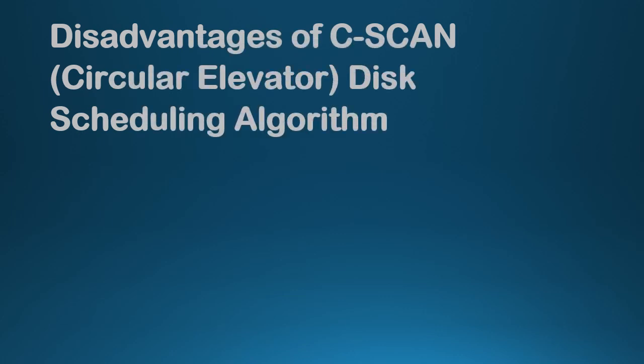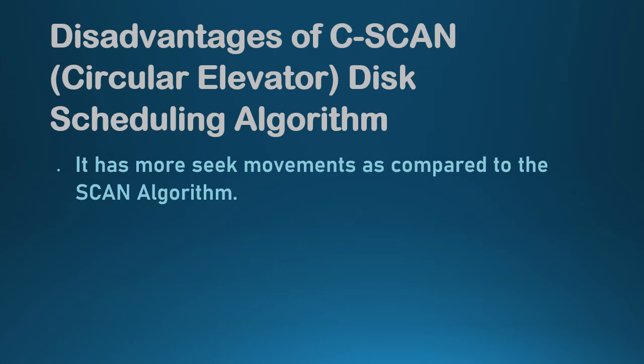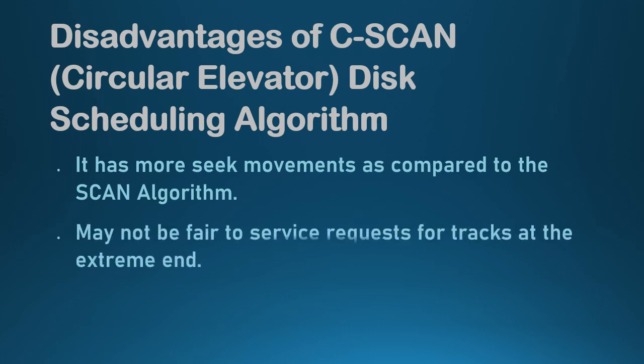Disadvantages of the C-SCAN circular elevator disk scheduling algorithm: it has more seek movements as compared to the SCAN algorithm. It may not be fair to service requests for tracks at the extreme end.